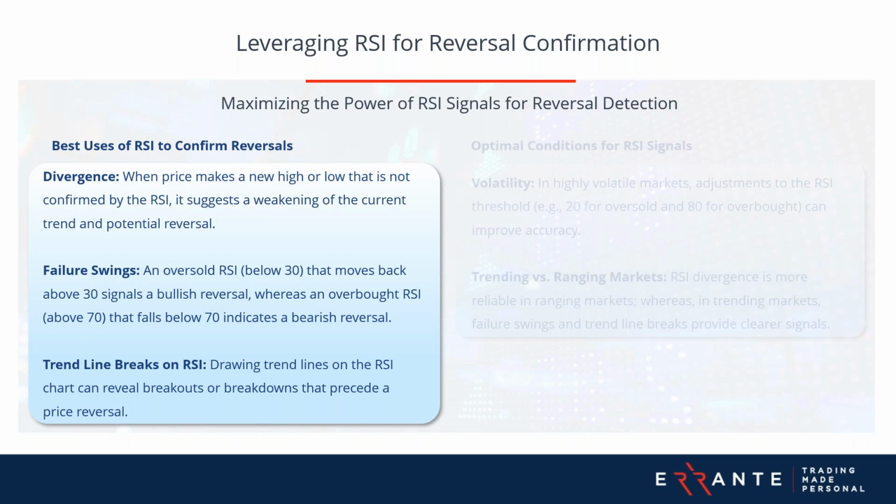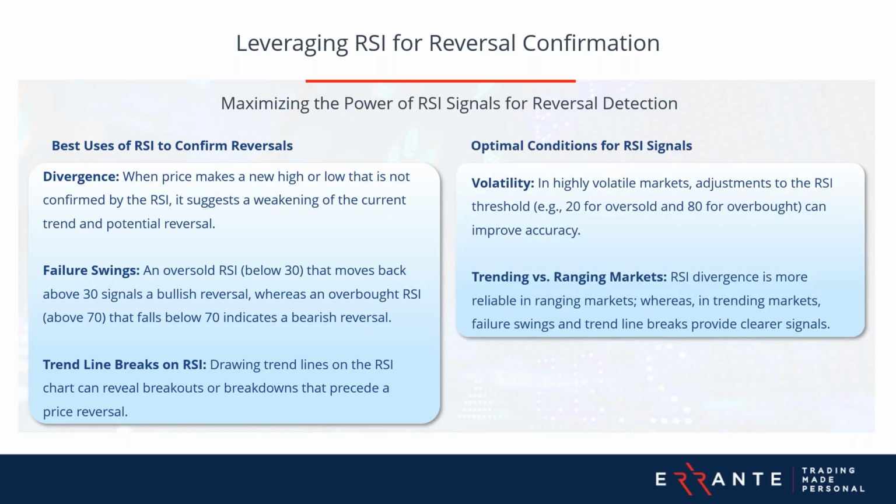So it's important to tailor your use of RSI to the market's conditions. In volatile markets, adjusting the overbought and oversold threshold can enhance the RSI effectiveness. Moreover, while divergence signals are more reliable in ranging markets, failure swings and trendline breaks can be particularly indicative in trending conditions.